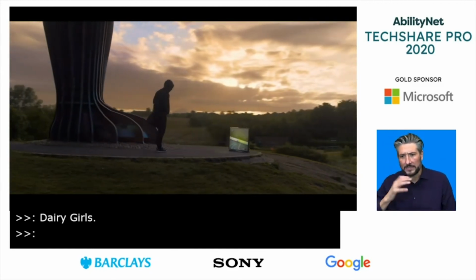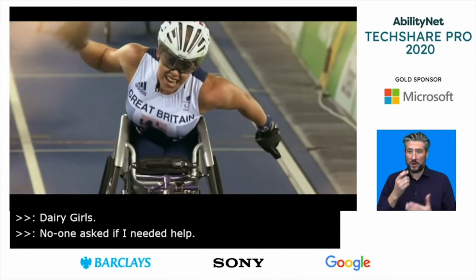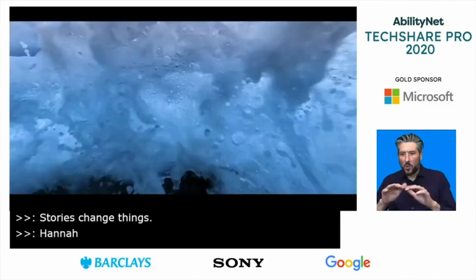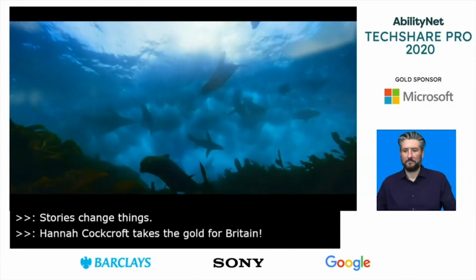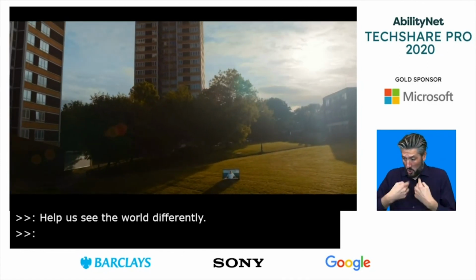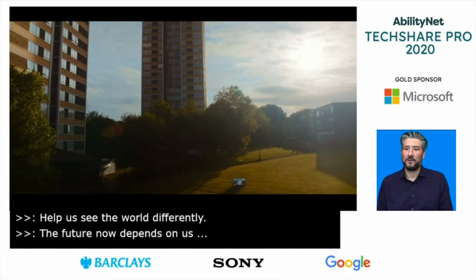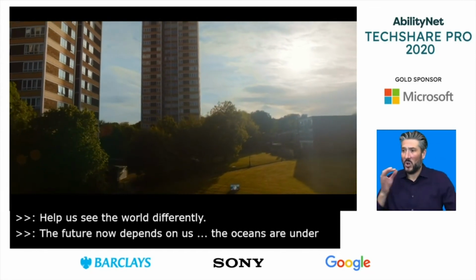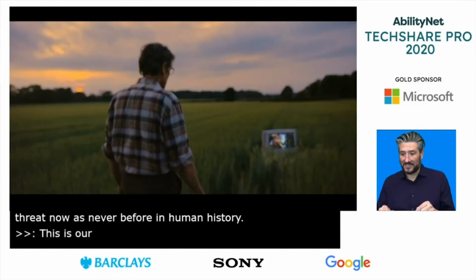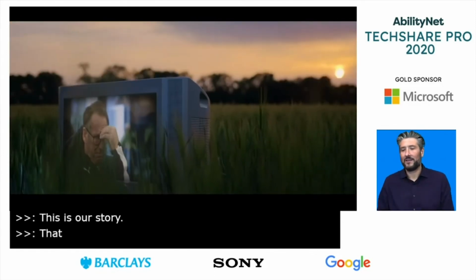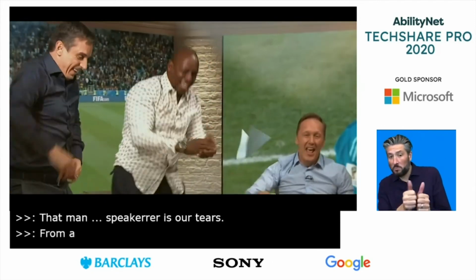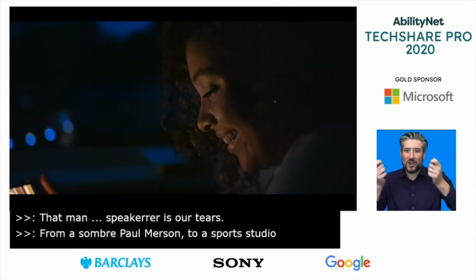Stories change things. Cockcroft, who takes the goals for Great Britain. Help us see the world differently. The future of humanity now depends on us. The oceans are under threat now as never before in human history. This is our story. Don't matter if you're the richest person in the world. Our tears. From a sombre Paul Merson to a sports studio celebration. Our smiles. Our truths.